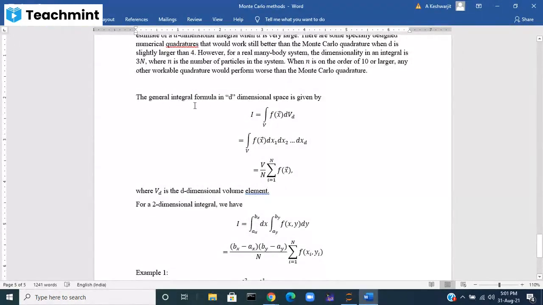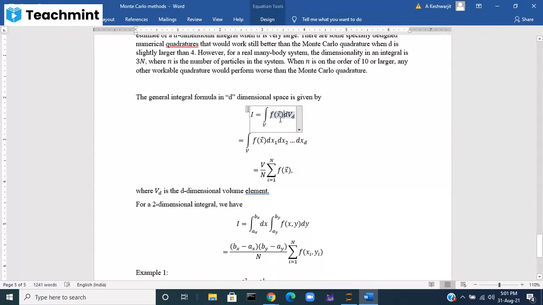The general integral formula in d-dimensional space is I equal to the integral of f of x dV_d, where x is a vector representing a point in the d-dimensional space. This x consists of x1, x2, x3 till xd.